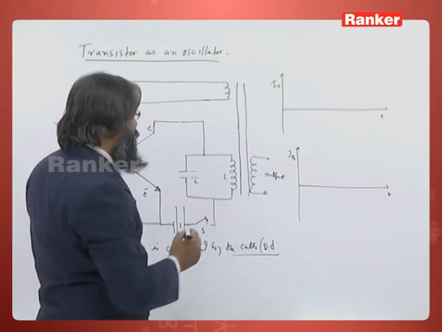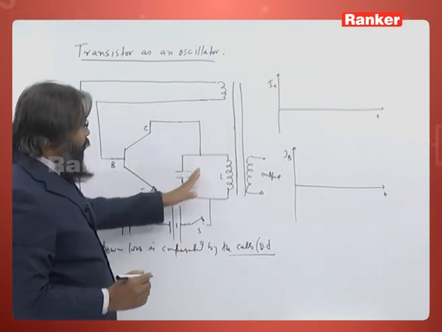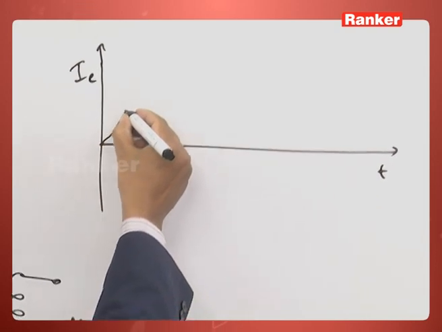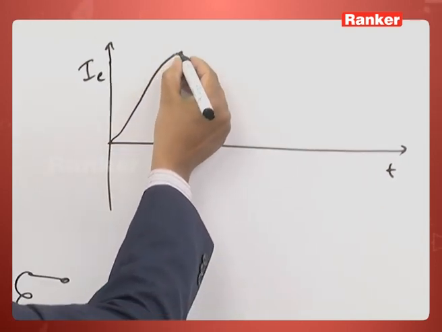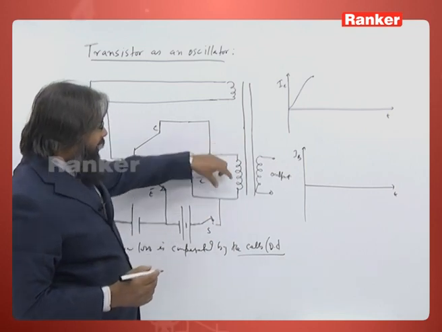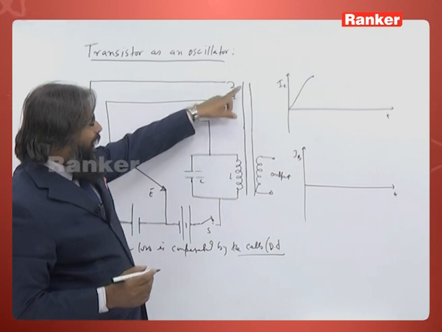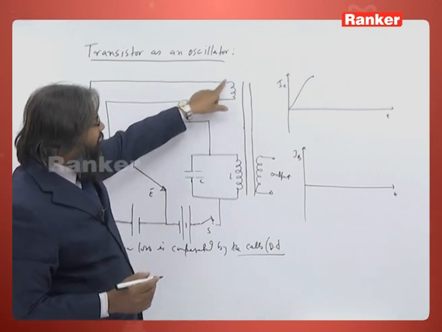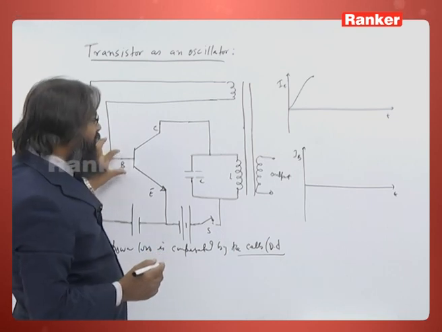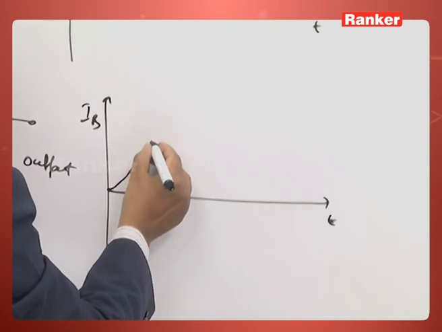When we switch on the key, the current grows slowly until it reaches maximum. When the current grows, the magnetic flux grows, and so a current is induced here. So the base current also increases in a similar manner.